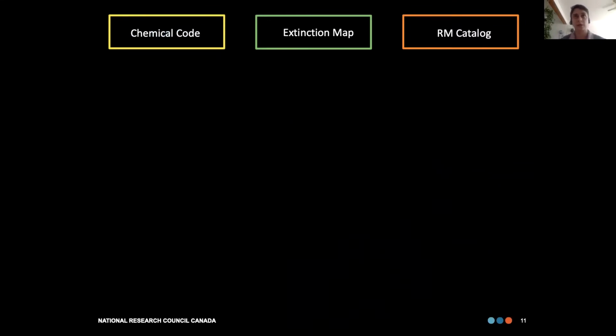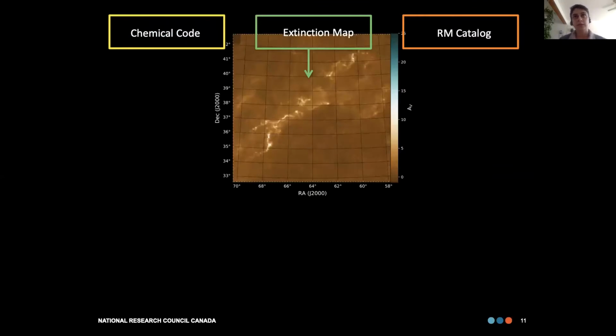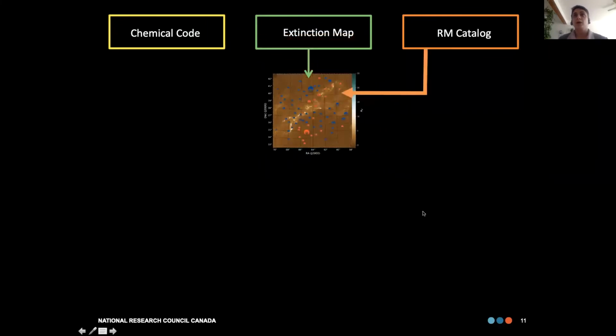How can we find the electron column density? Using the extinction map, we make a map of the region. So here is the California region. The background shows the extinction, and this is in equatorial coordinates.